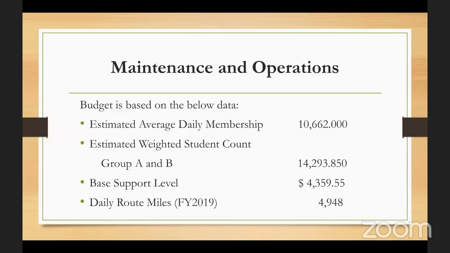So as I mentioned earlier, our maintenance and operation fund is our largest fund. And the components that go into the state's formula is our average daily membership. So at this point, I'm estimating our average daily membership to be 10,622. The state then adds weights to students. So there's a group A weight, which is to help with the economy of scale.